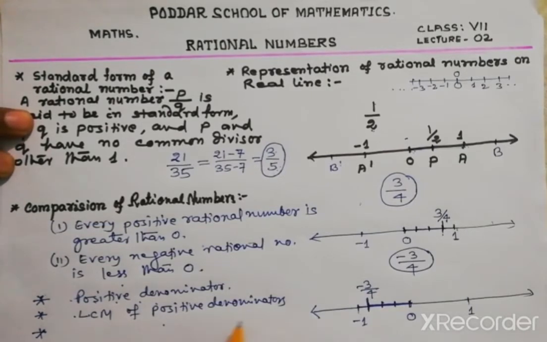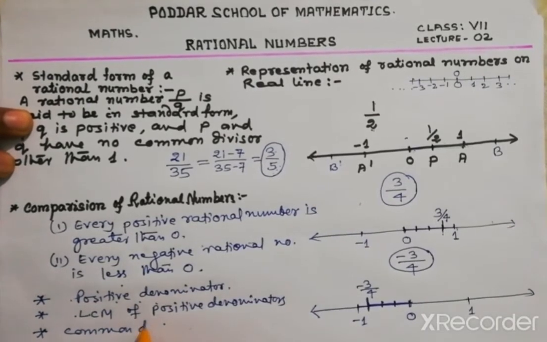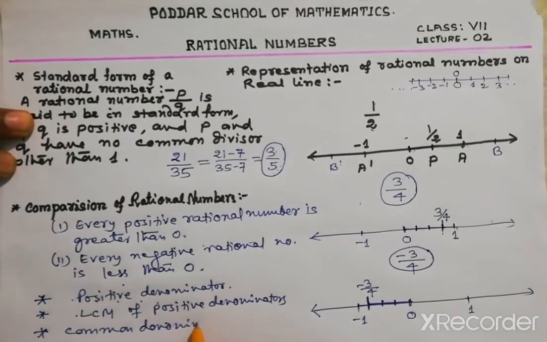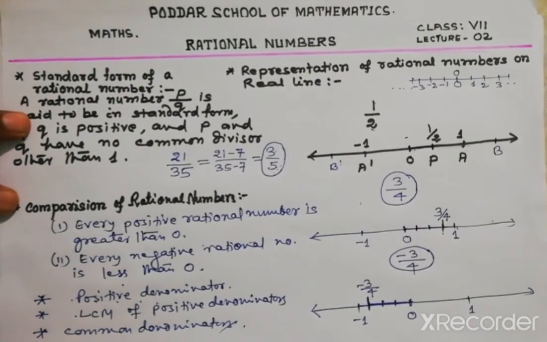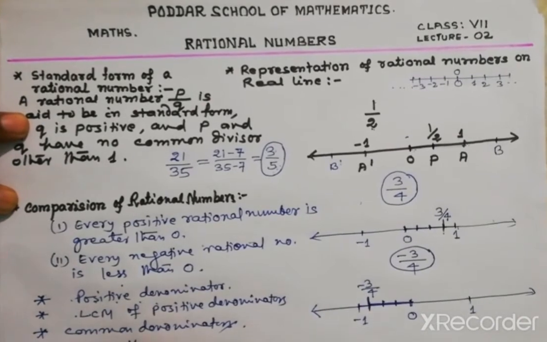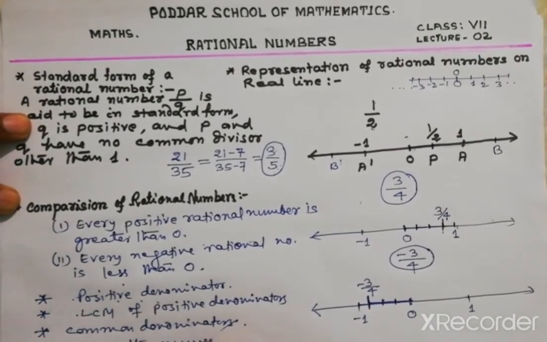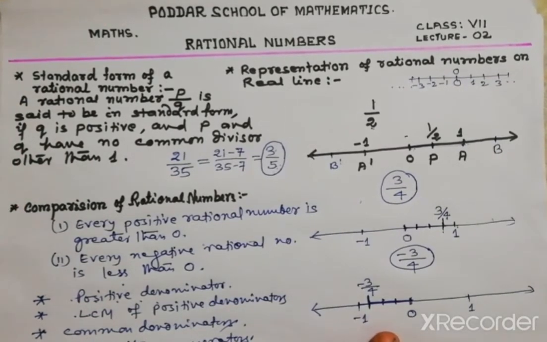So common denominator में उसको express कर देना है, and after that seeing the numerators, we can immediately compare the rational numbers.